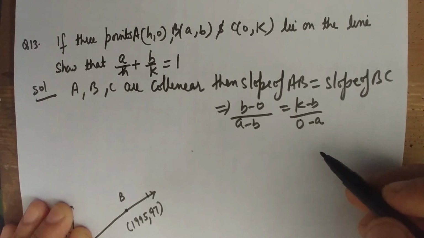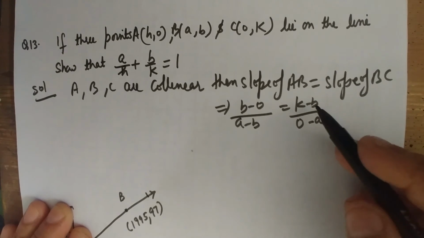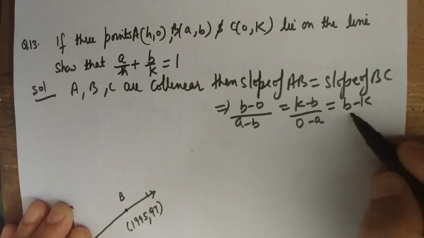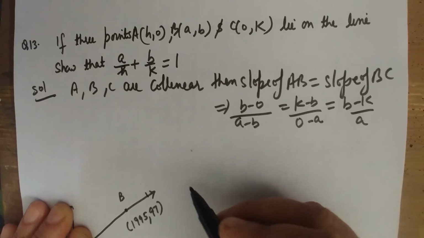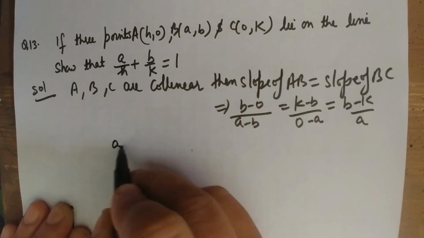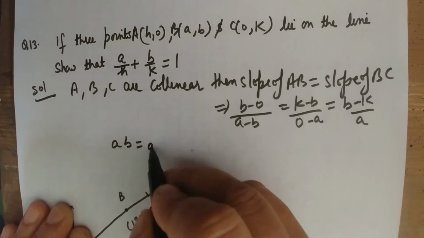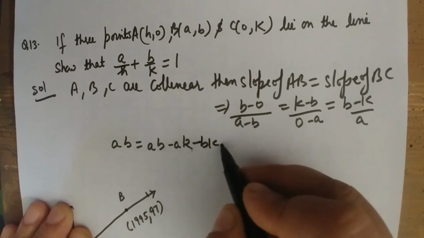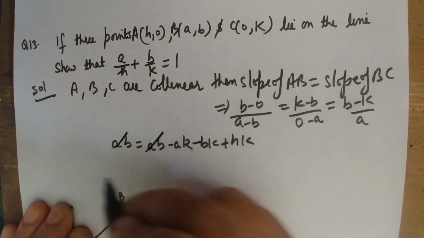Just to balance this negative sign, I can write it as b minus k upon a. When I cross multiply, I get ab is equal to ab minus ak minus bh plus hk. So ab will be cancelled.